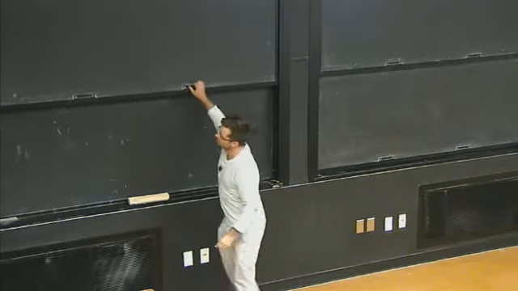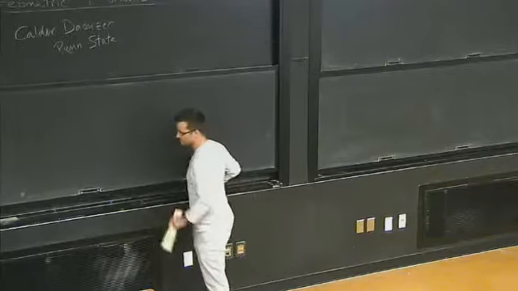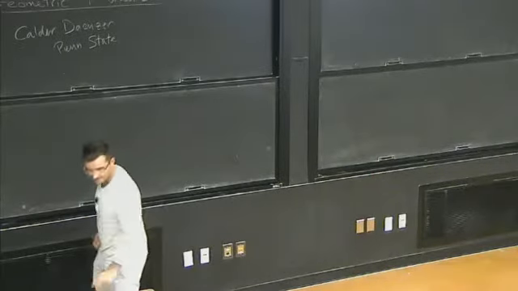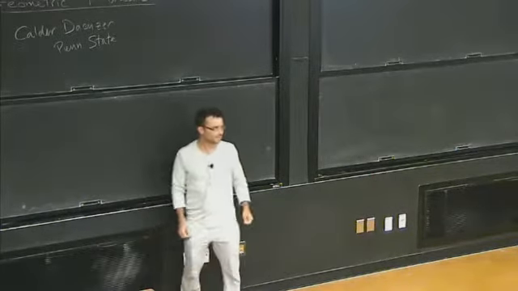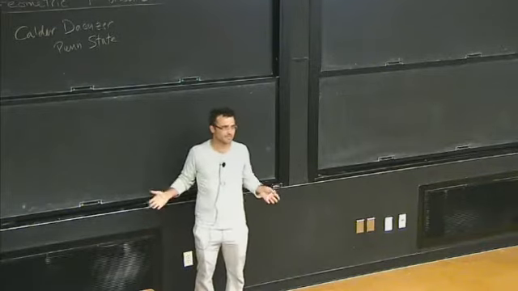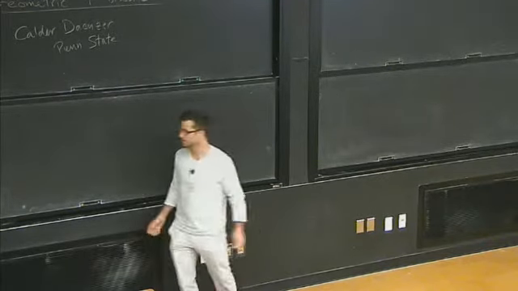T-duality is something I give a lot of talks on in various contexts, and it's hard to describe because it has a different meaning depending on what kind of mathematician or physicist you are.